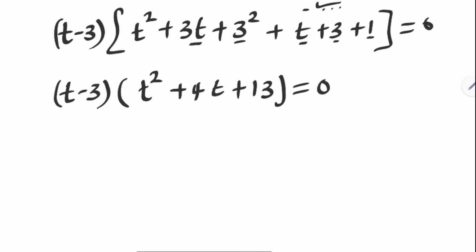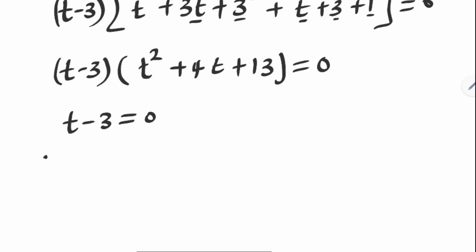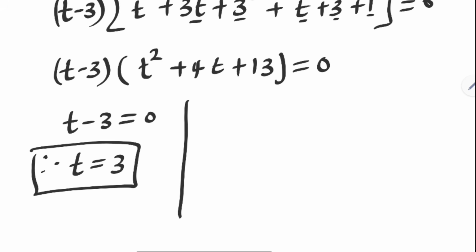Then here there are two cases. The first case is t minus 3 is equal to 0. Therefore, t is equal to 3. And the second case is t square plus 4t plus 13 is equal to 0.